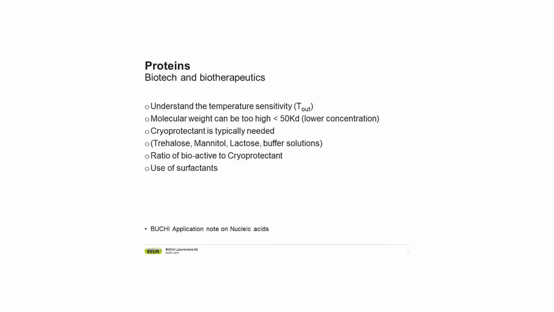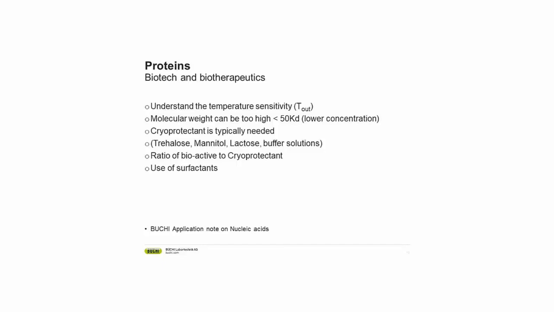Then there is spray drying of protein, which is really important for biotech and biotherapeutics. Here we have to understand that we work with a temperature sensitive product. So it's important again to know the sensitivity of the product so that we can aim our outlet temperature to be lower than this temperature sensitivity.